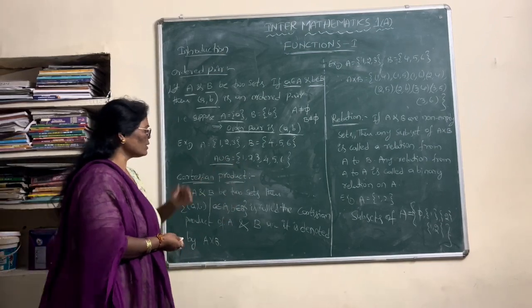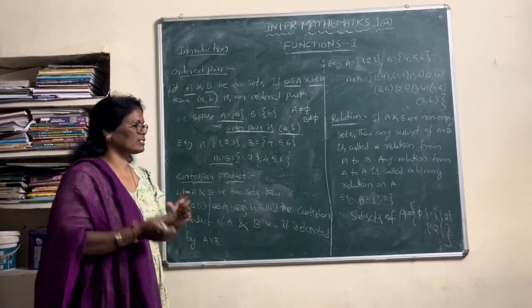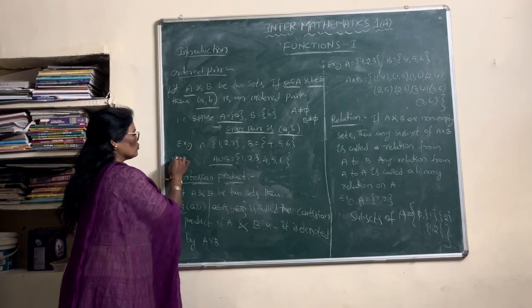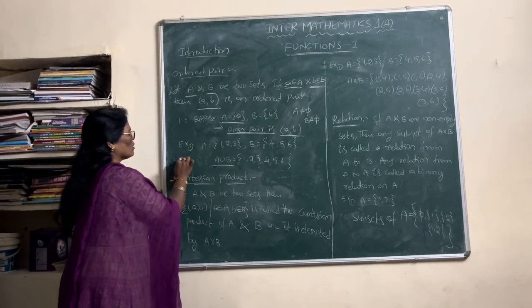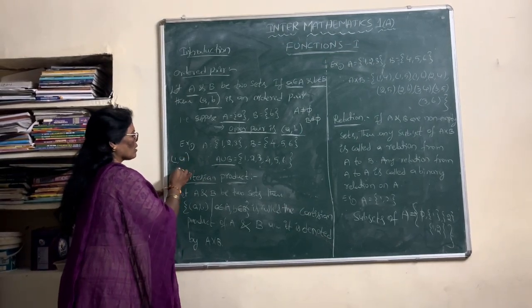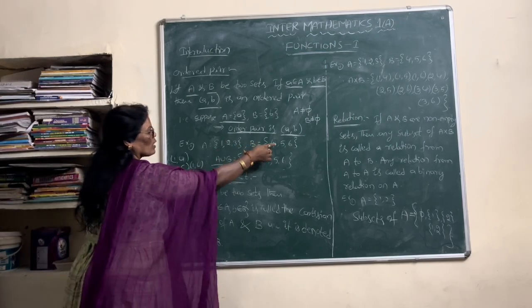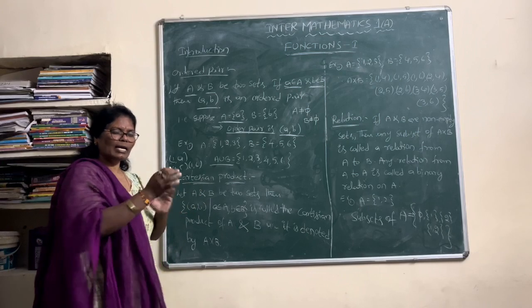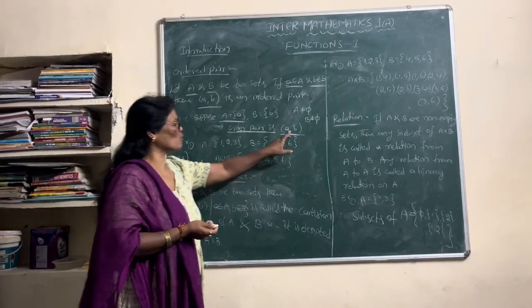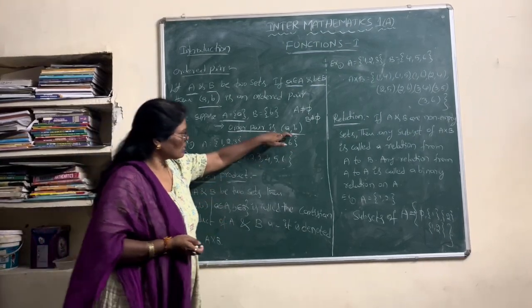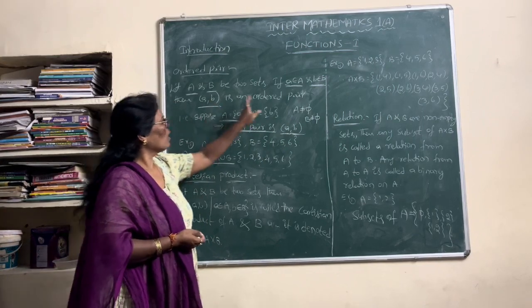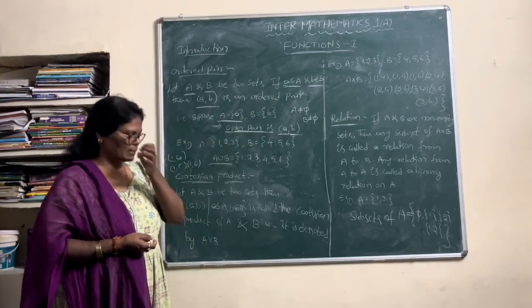Okay, that is A union B. But ordered pairs are 1 comma 2, 1 comma 5, 1 comma 6, 2 comma 5, 2 comma 4, 2 comma 6, etc. In this form we have to write. This structure is what we call an ordered pair of elements.